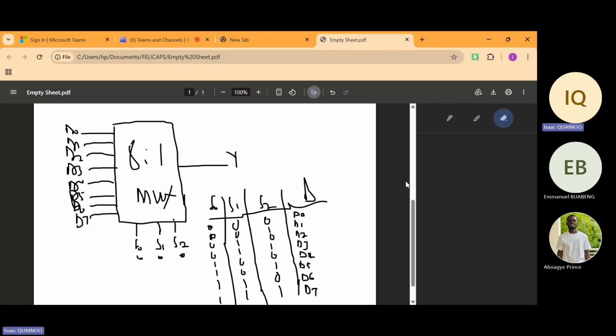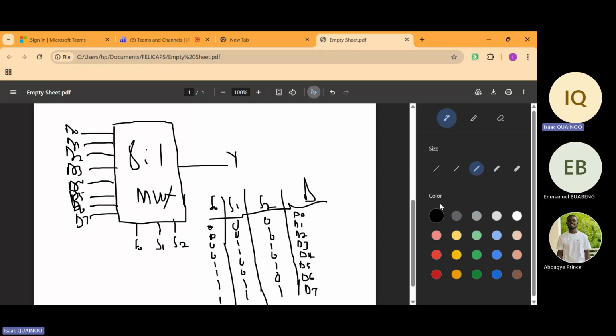So this applies to all types of multiplexers. This is just how their simplified truth tables look. Once you're able to represent the input combinations, just number the corresponding D values from 0 to the highest, and you're okay.